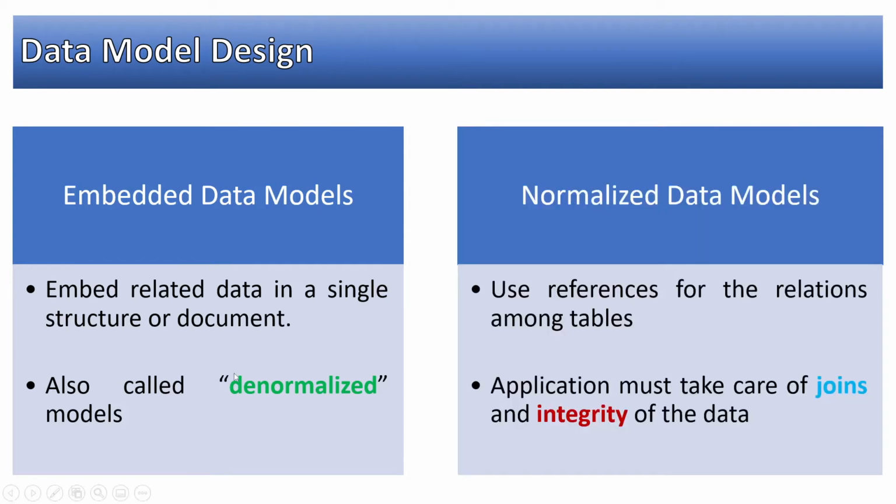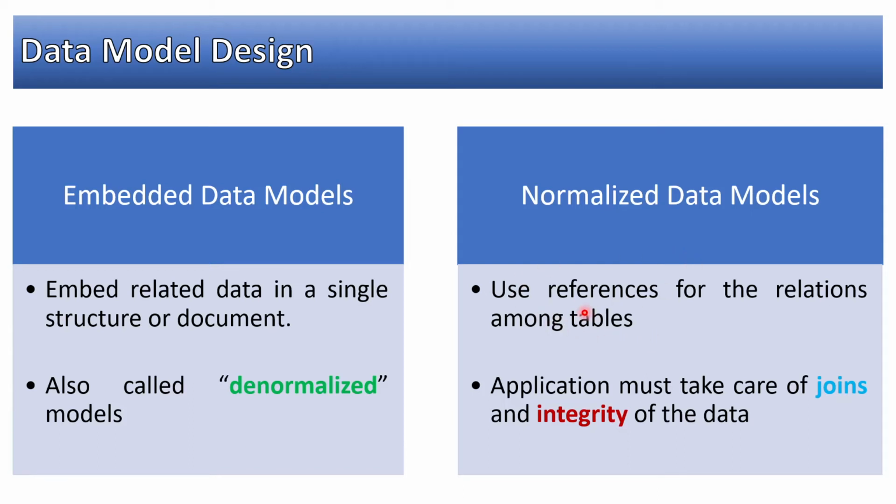Normalized data models, the second form, use references for the relations among tables. Now, if we follow normalized data models in almost all the NoSQL databases, there are no referential constraints or integrity constraints which can be applied across collections or across tables.